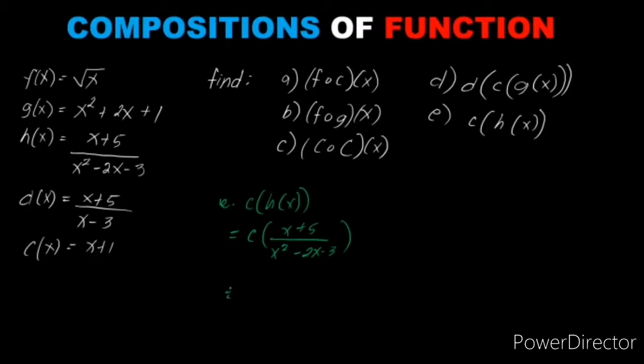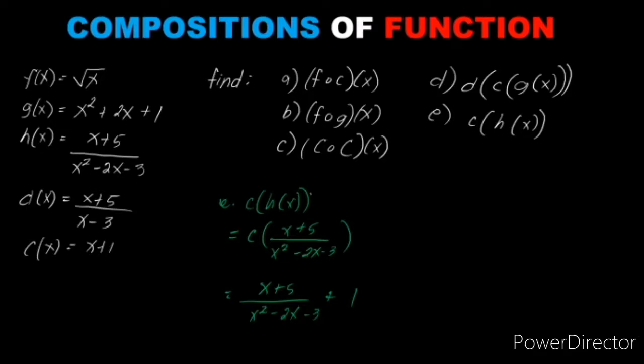Ayan. And then, kunin natin yung value ni C of x, which is x plus 1. And then, palitan natin yung x niya ng x plus 5 over x squared minus 2x minus 3. So, we have x plus 5 all over x squared minus 2x minus 3 plus 1. Kasi may plus 1 pa siya doon.